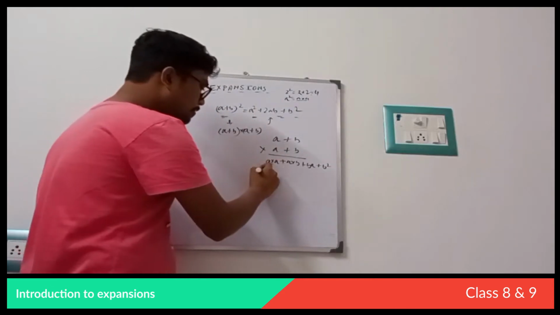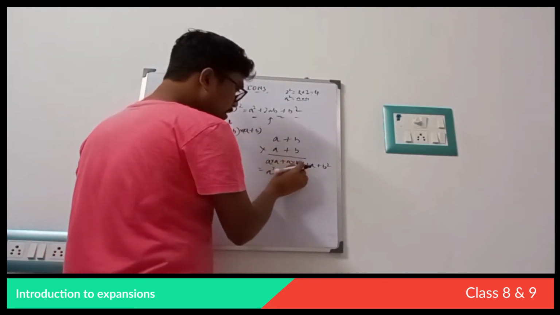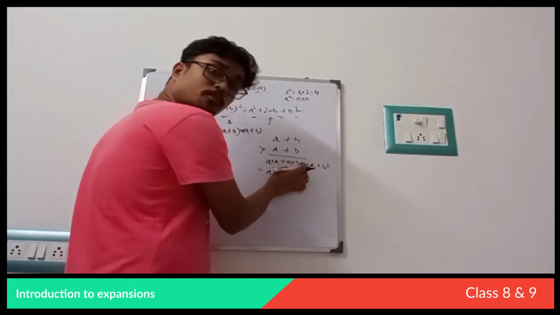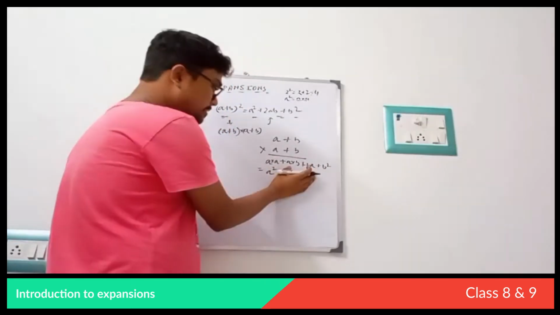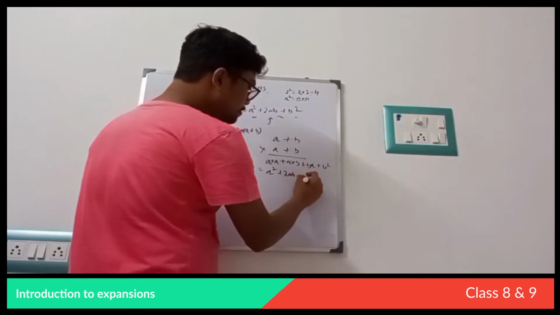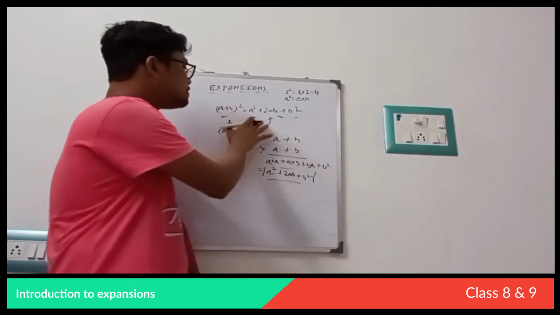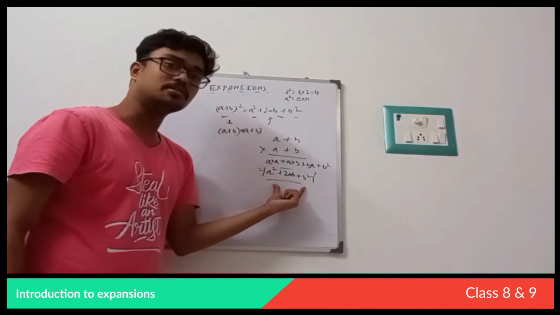Fine. So what will we get? A square plus ab, and ab and ab both are equal, so ab plus ab means 2 into ab, plus b square. So in this way we get a plus b whole square equal to a square plus 2ab plus b square.